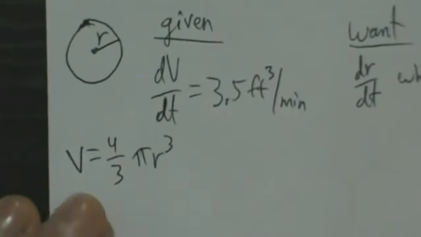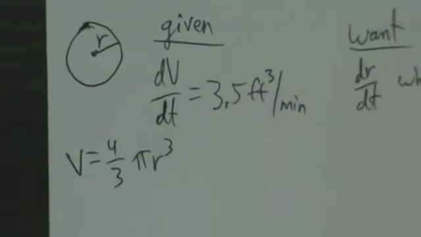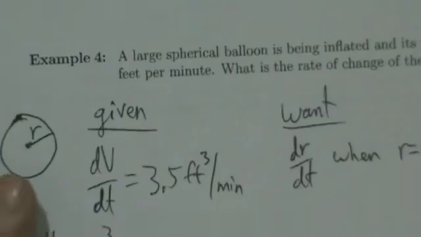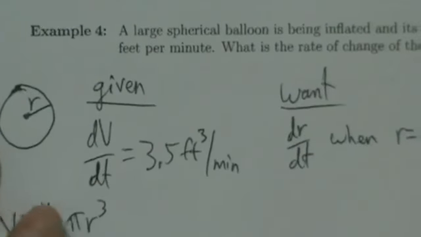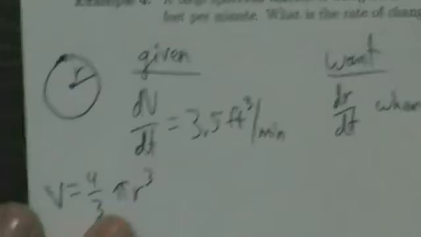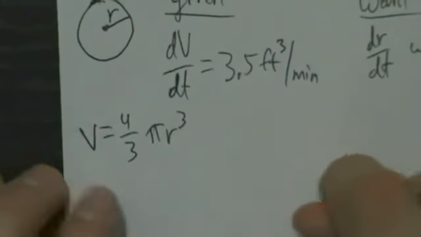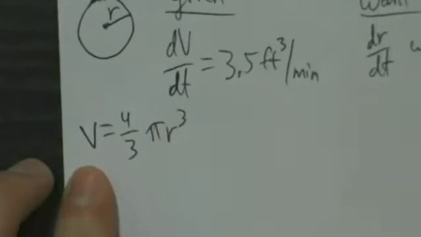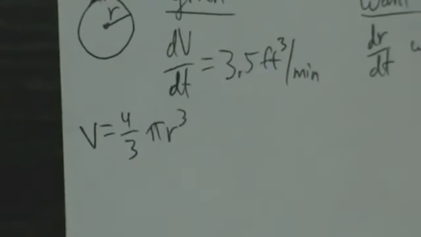There are other formulas related to spheres, like the surface area formula, but that's not relevant here because we're not talking about surface area at all. We're just talking about the volume and the radius, so let's use this formula. That's actually it for step 3.